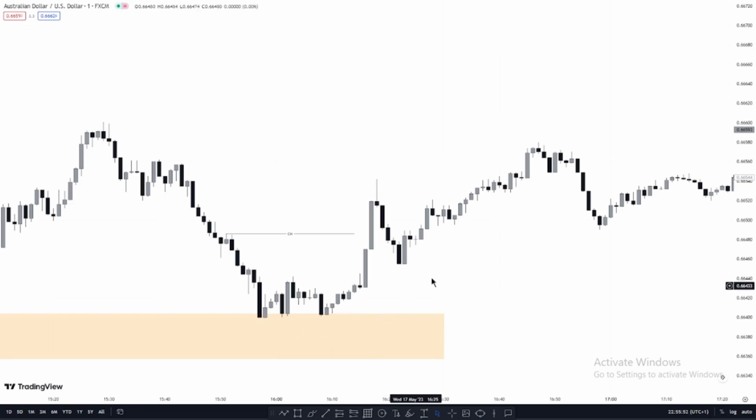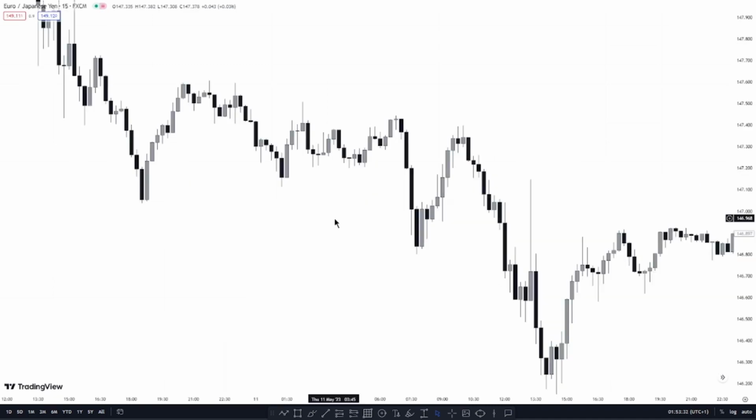And I'm still going to show you one more example of another type of CHoCH that I explained to you. I told you we have 3 types of CHoCH, and I'm still going to show that to you for you to understand.